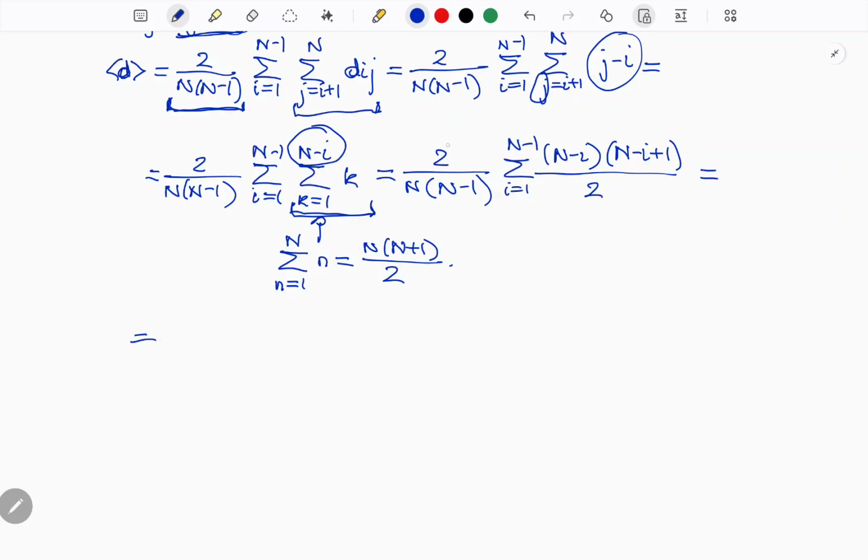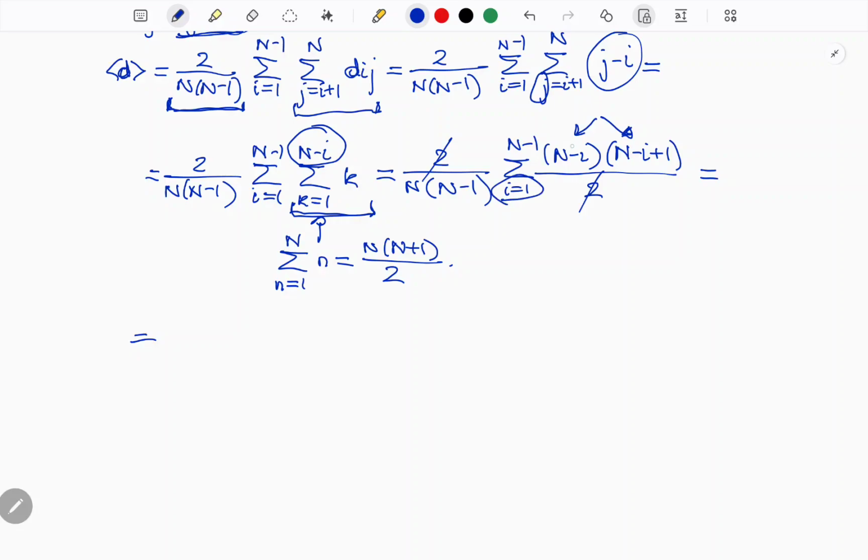Now this second expression, I can cancel out these 2's here, and I have a second expression which I can rewrite also in terms of another variable. You can see that this is the multiplication of two consecutive numbers. At i equal to 1, this is n minus 1, and this is n minus 1 plus 1, which is n.